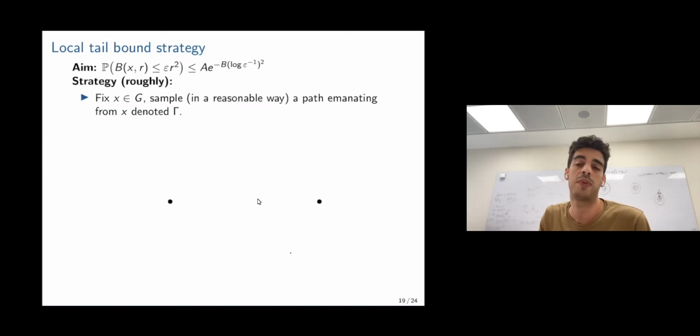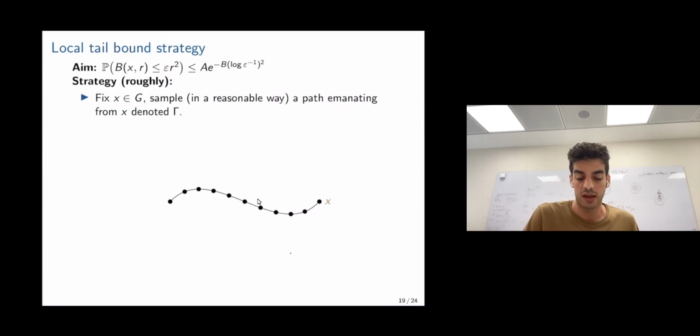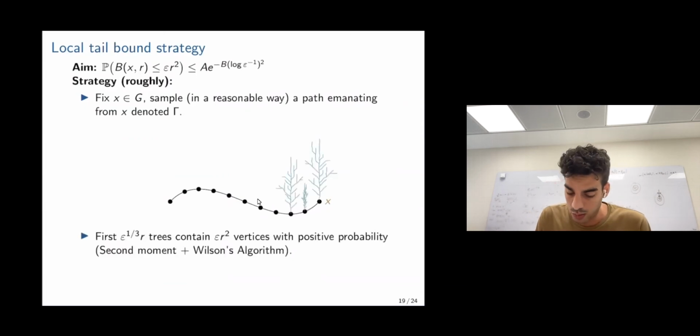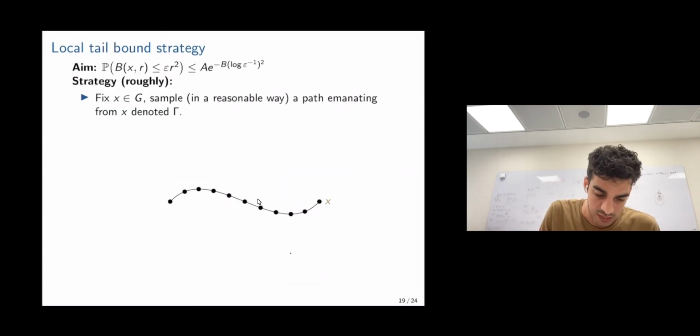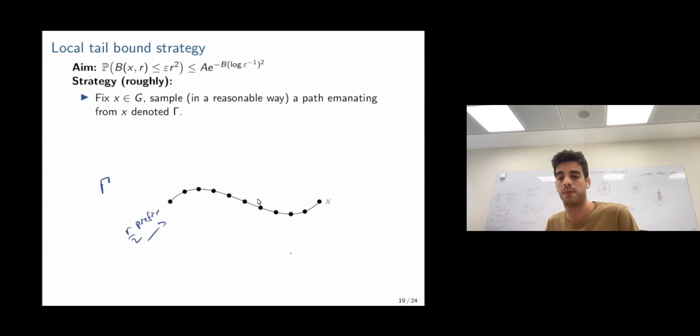Now we fix some x. We don't need something that holds for all x. We fix some x, and we want to show that the probability that the ball around x is small is very small. So we fix some x, and we sample in some reasonable way a path emanating from x, denoted by gamma, and we think of the r prefix of gamma, or maybe the r/2 prefix of gamma.